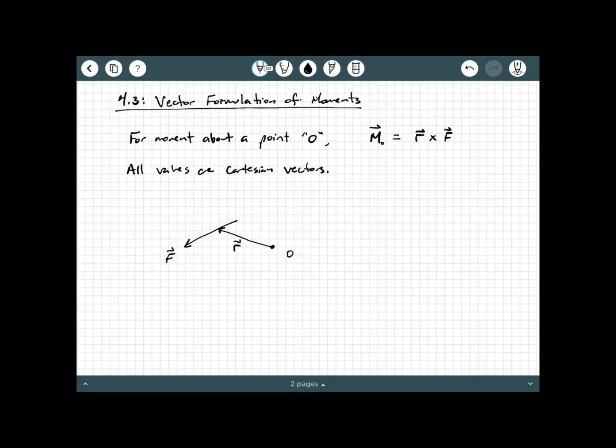So if we want the moment generated about point O due to the force F applied at some distance r, if we have the Cartesian vector f and the Cartesian vector r, we perform the cross product r cross f, and we'll get the vector for the moment about point O.